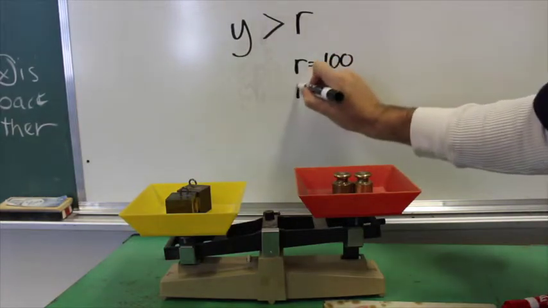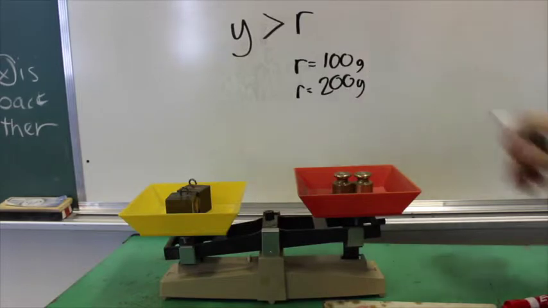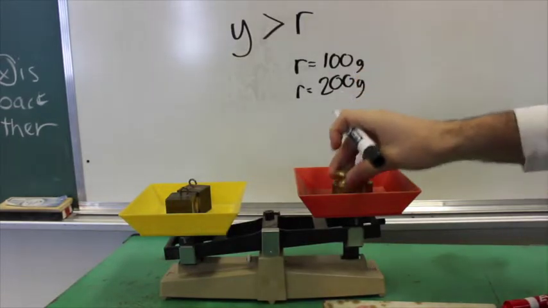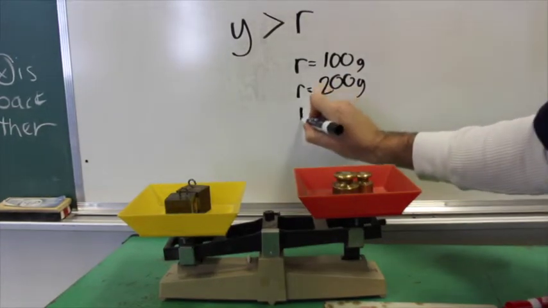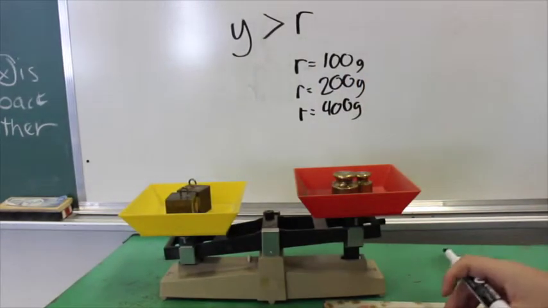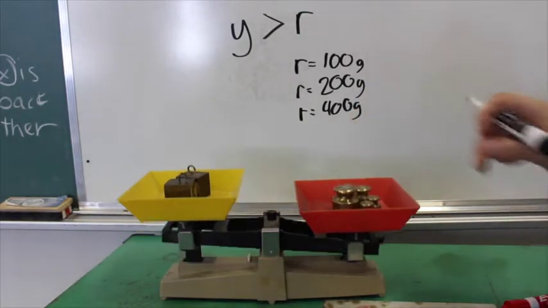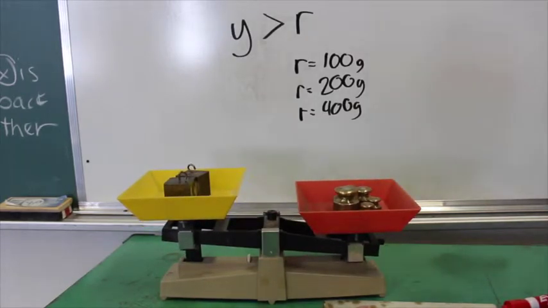So r can also be 200 grams. What about 400 grams altogether? r could also be 400 grams. What else can it be? 450? 500? 550? Okay, so I've reached a point. It cannot be greater than 550.